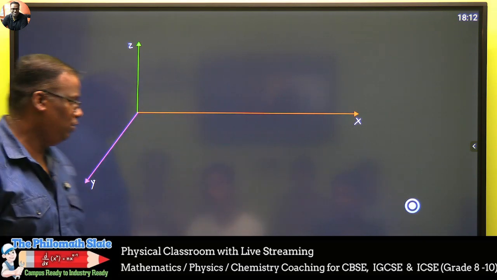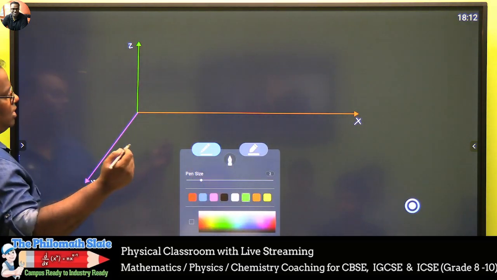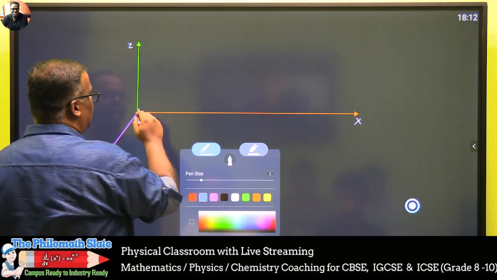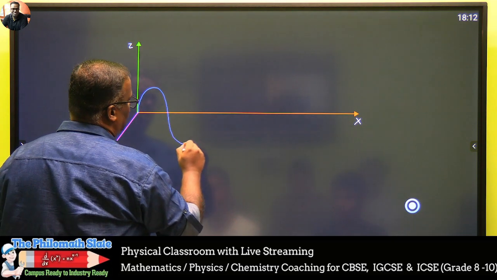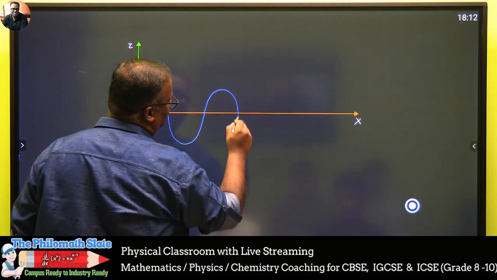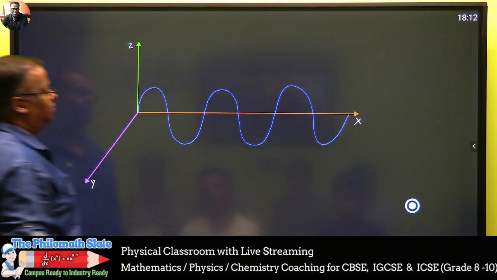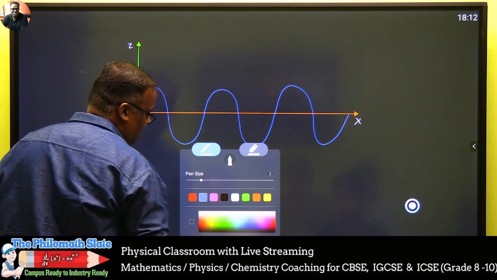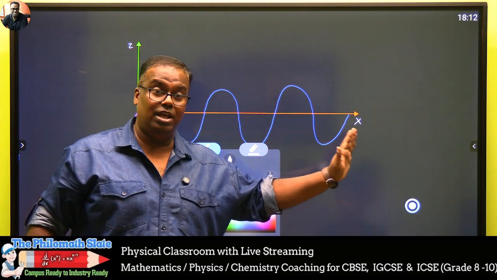Now this needs a little bit of imagination. थोड़ा देखो कैसा है. So let me say the blue one is representing the electrical wave. एक magnetic wave रहेगा. ठीक है? Have you understood? And so I'm saying my electrical wave is traveling in which direction? X-axis.